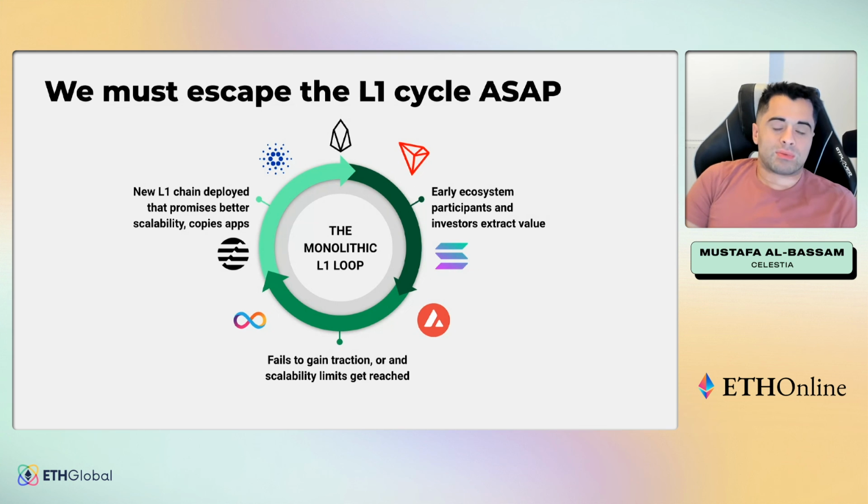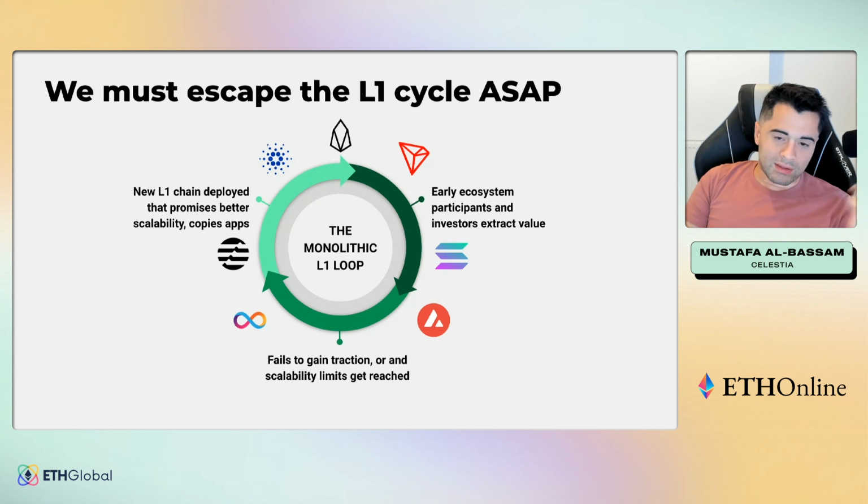And finally, I think the most important reason is because we're basically stuck in this endless cycle of new layer ones. Every crypto cycle, there are new layer ones. Like in 2014, we had EOS, Cardano, Tron.